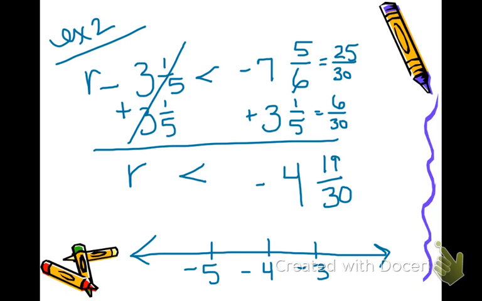So it's going to be a little bit more than negative 4.5, and it's an open circle, and it's going to point left. So again, if you want to put what that's equal to, negative 4 and 19/30, it's right above there so that you know what you're graphing. But just so as long as it goes into the approximate area on the graph, you'll be fine.